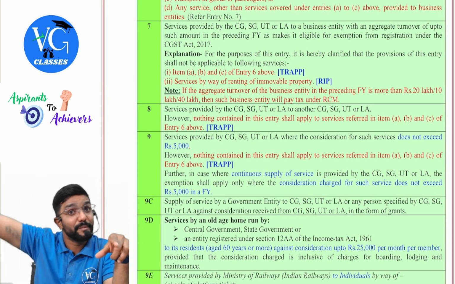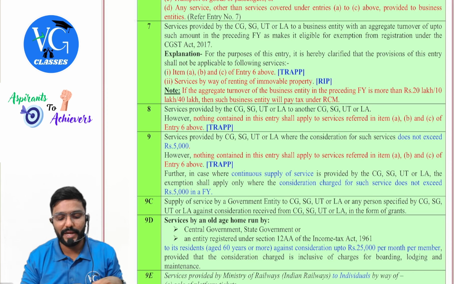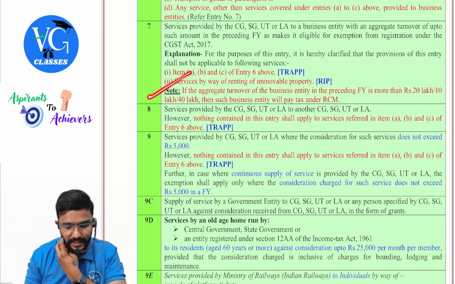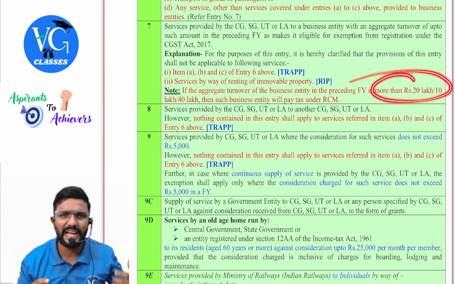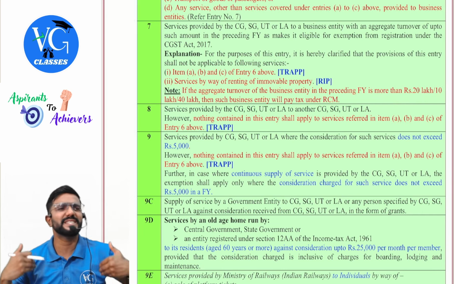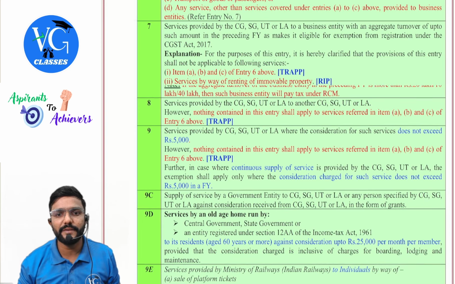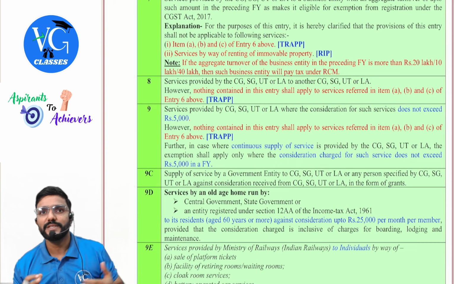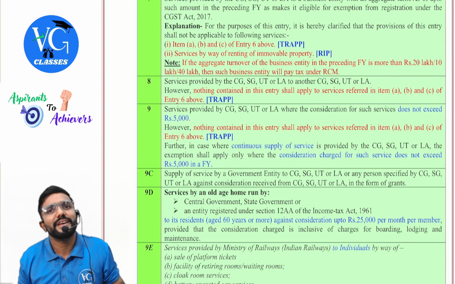But did they exclude it from business entity? Yes. So in simple, I have given a note, guys. If the aggregate turnover of a business entity in the preceding financial year is more than 20 lakh or 10 lakh or 40 lakh, which is nothing but the registration limit, then such business entity will pay tax under RCM. Sir, what if it is less than the threshold limit? Exempt.